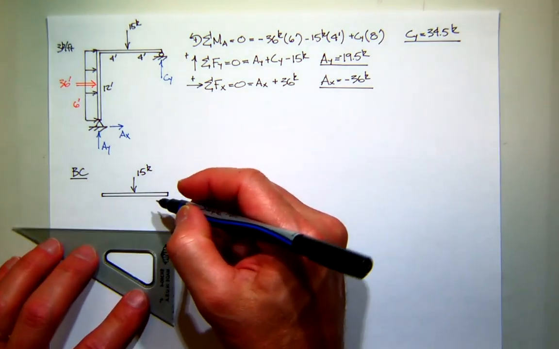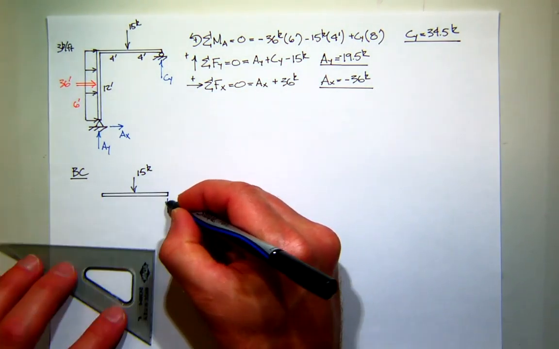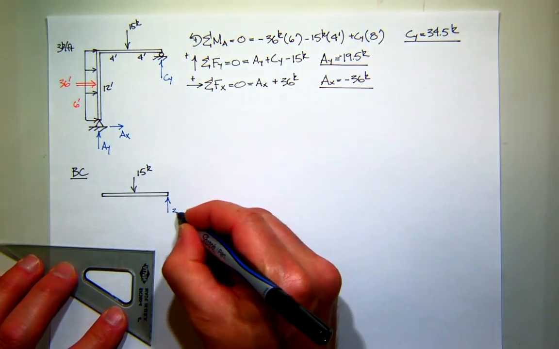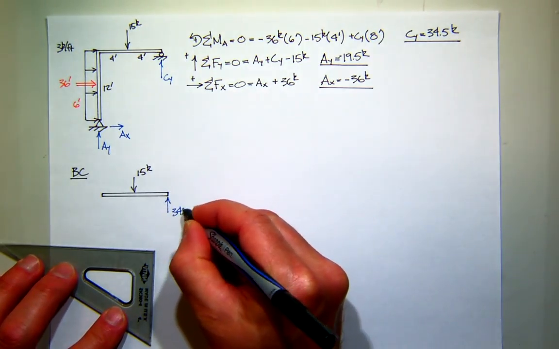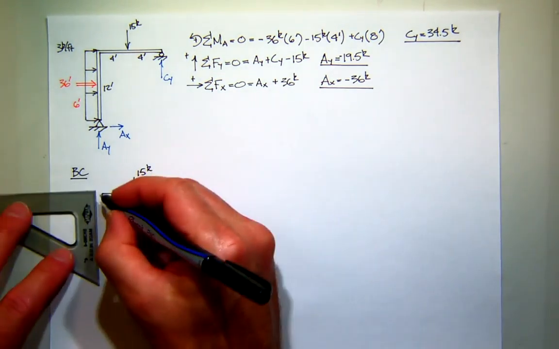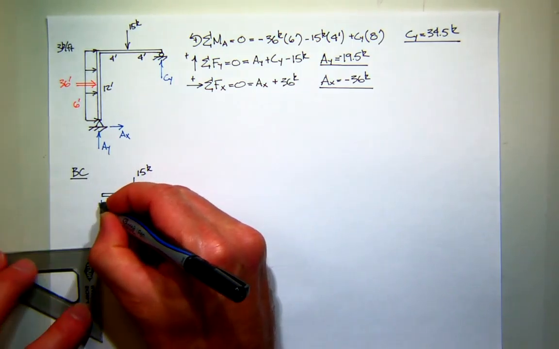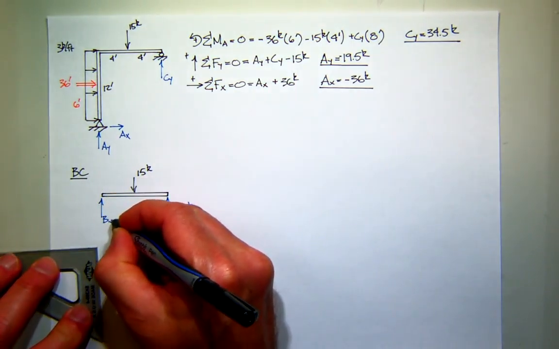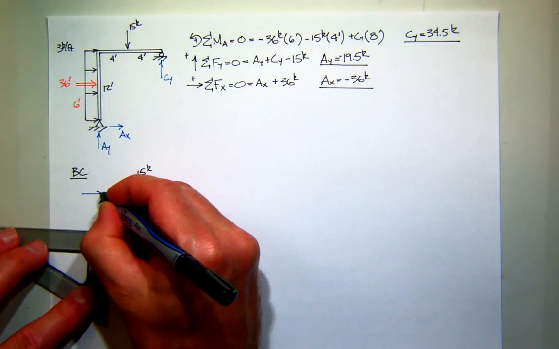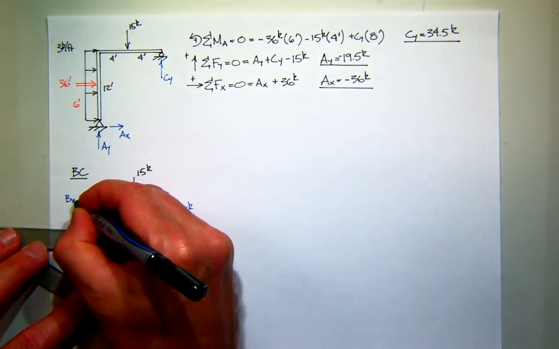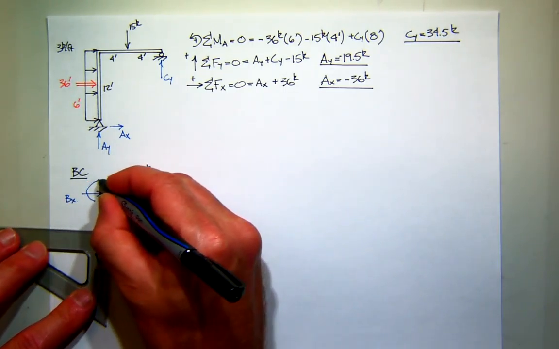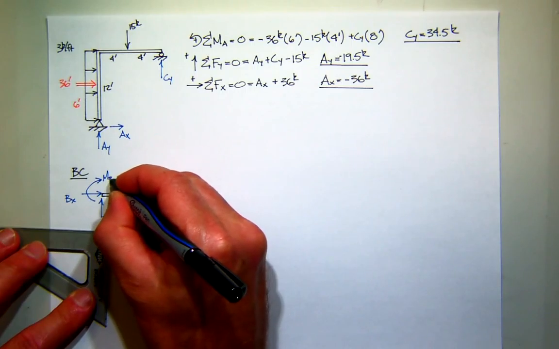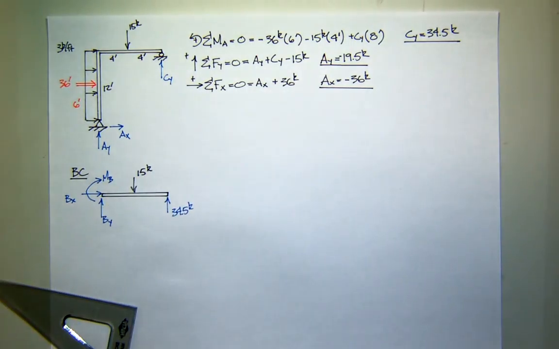I have my CY reaction, which is 34.5 kips. And then I'm going to have at B, BY, BX, and then a moment. I'm just assuming directions for all those components.